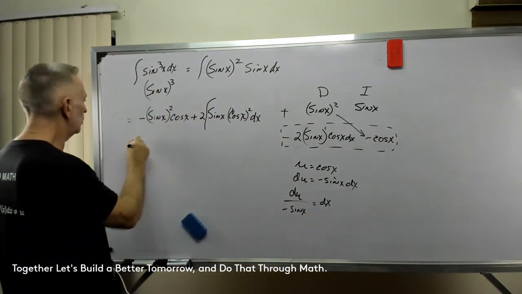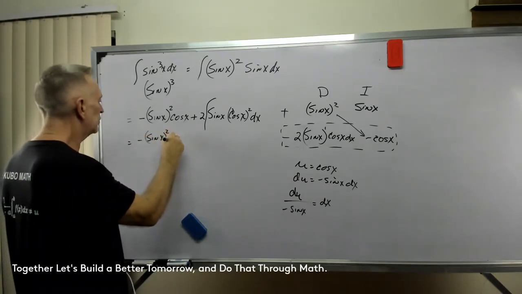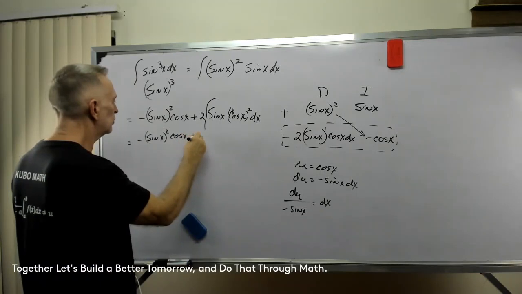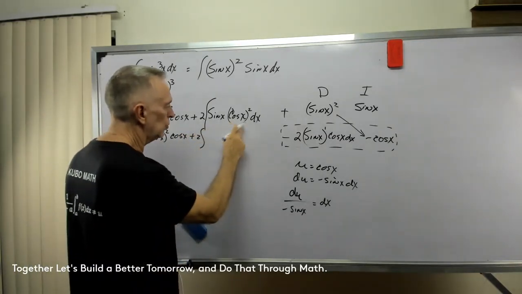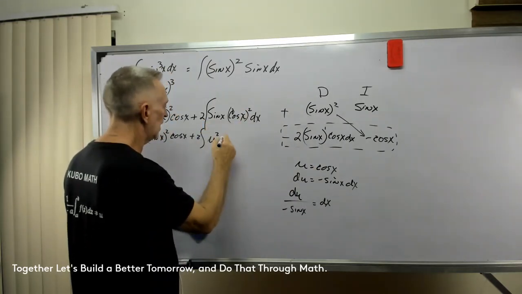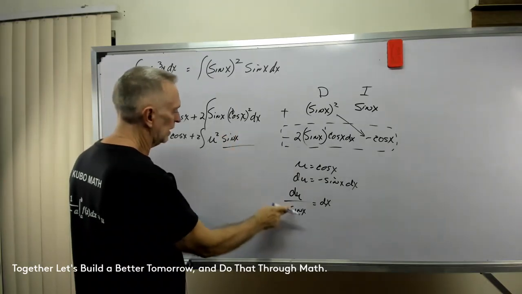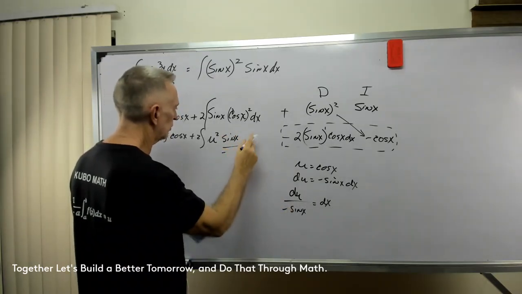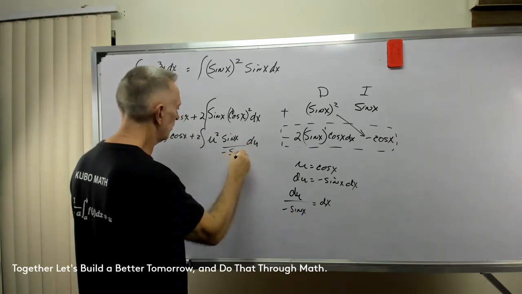We have minus sine x squared cosine x plus 2 times the integral of u squared times sine x, divided by negative, or times du over negative sine x.